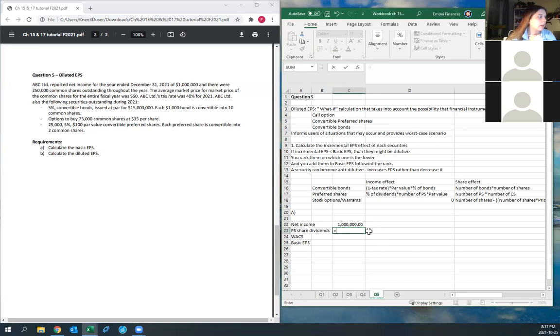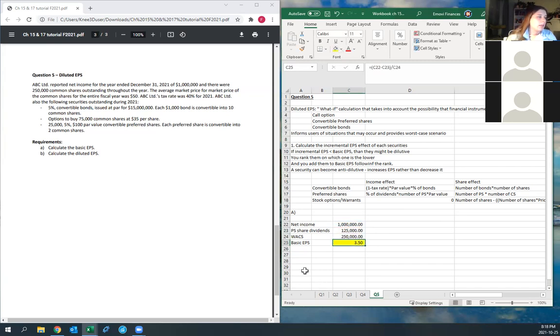So to calculate dividends, it's 5% times 25,000 shares times $100. And then your weighted average common shares are 250,000. So your basic EPS is 1 million minus 125,000 divided by 250,000.